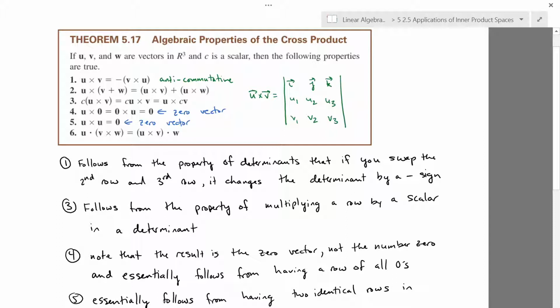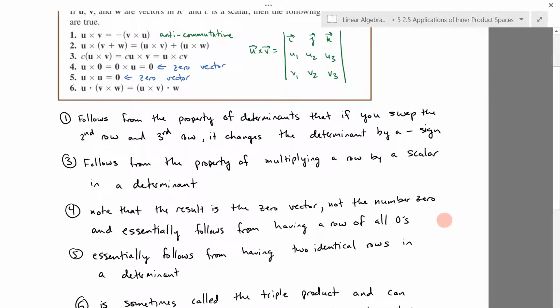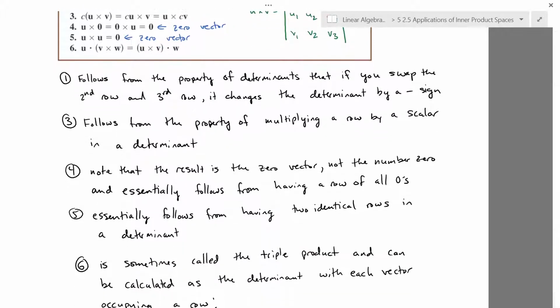And then similarly for property 5, if you have two identical rows in a determinant, then the determinant is 0, right? So again, when you do cofactor expansion, the subdeterminants all have determinant 0.